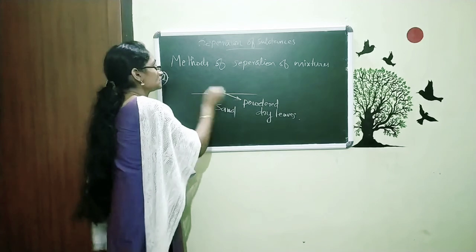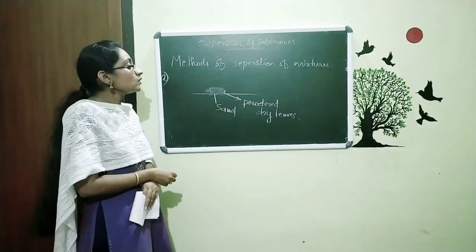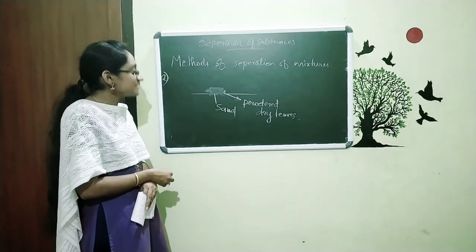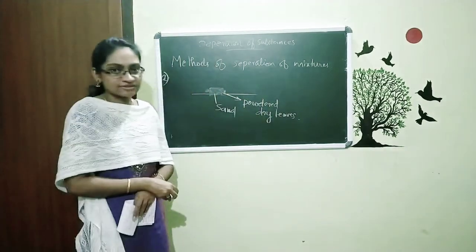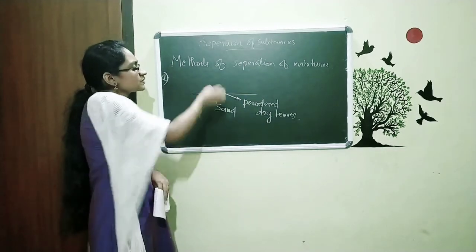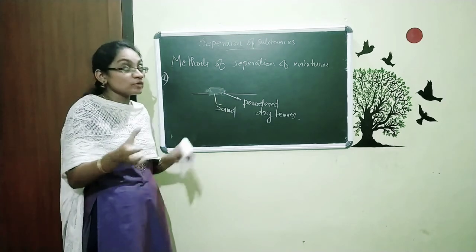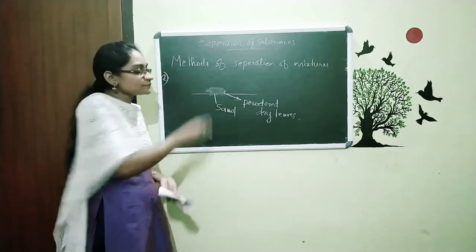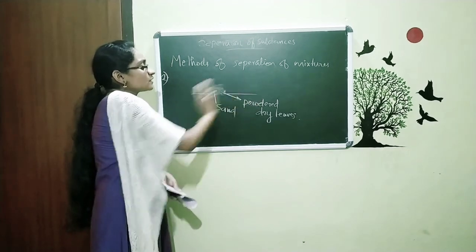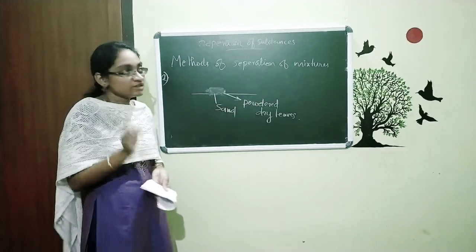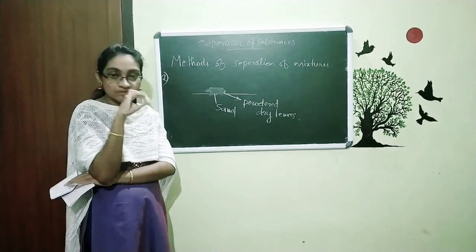They are just mixed together. Now the task is to separate this sand and powdered dry leaves. Is it possible to hand pick? I am not talking about big leaves. I just powdered the dry leaves. That means the size of the sand and the powdery leaves are almost the same. So the hand picking is not possible.